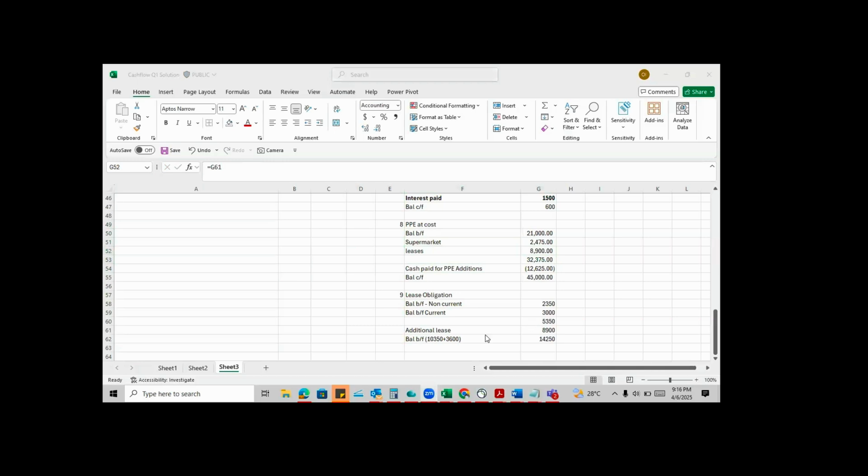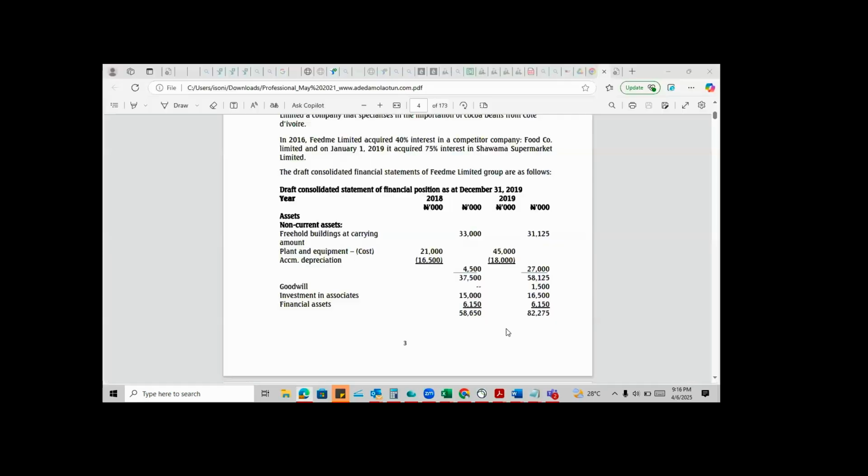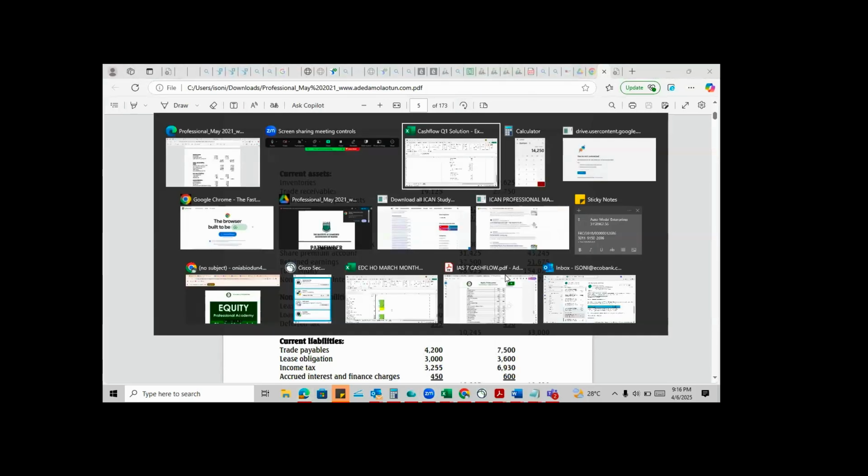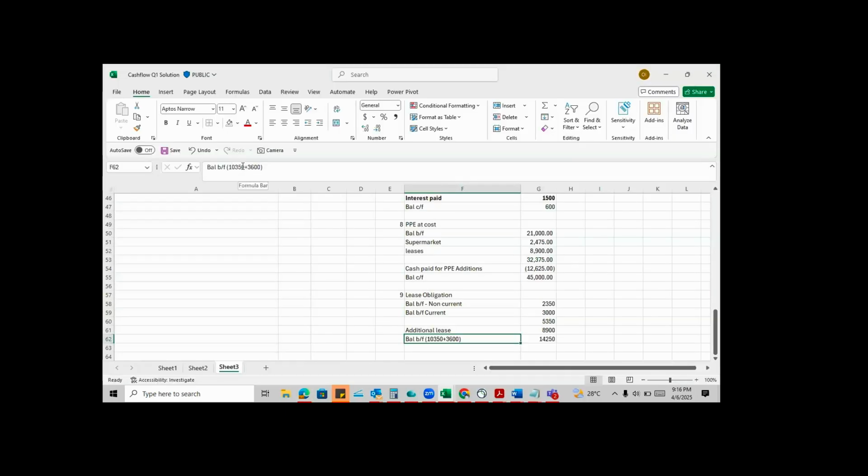How did we get 14,250? So how we got the 14,250? Our lease obligation was 10,650.